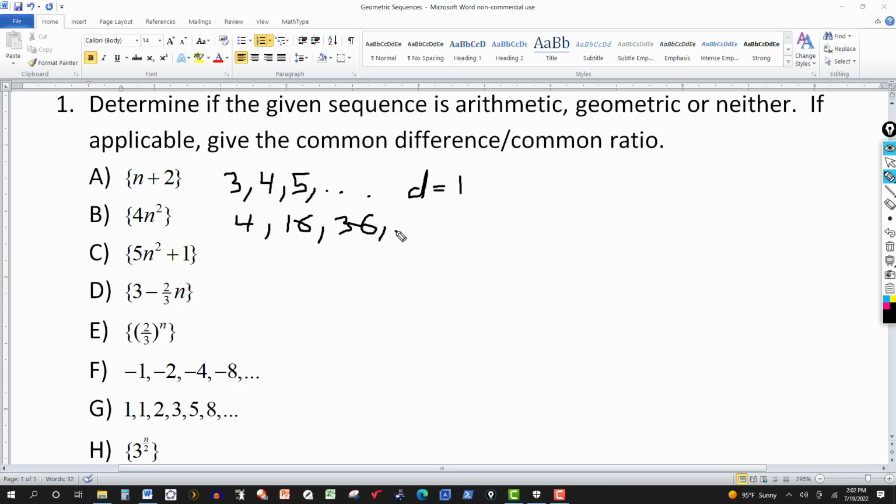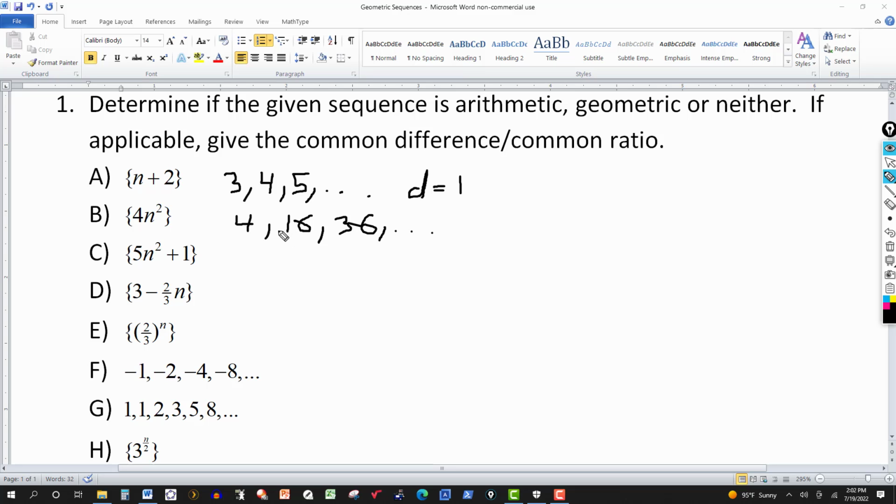And the pattern continues here. So first we see if it's arithmetic. To get from 4 to 16, we have to add 12. And then it has to be consistent. So if I add 12 to the 16, I have to get 36. I don't. So it's not arithmetic.